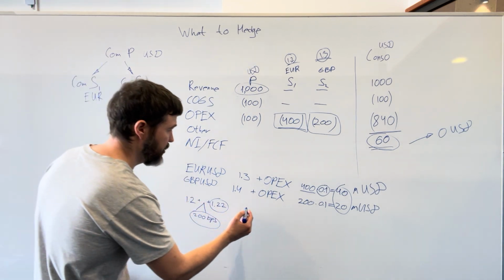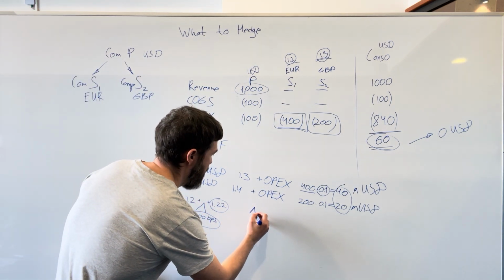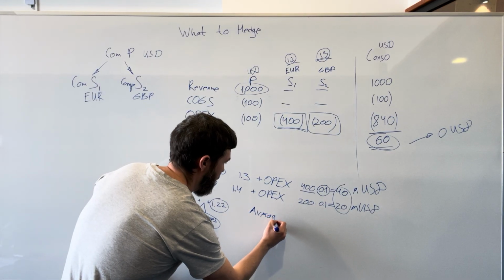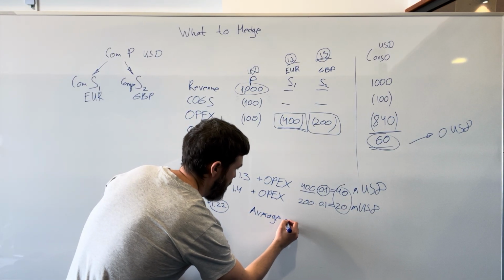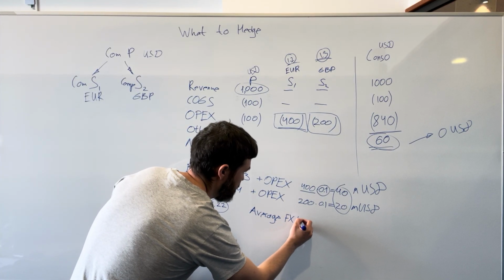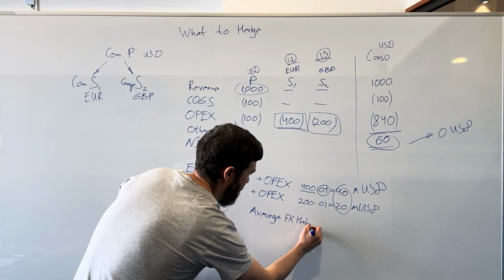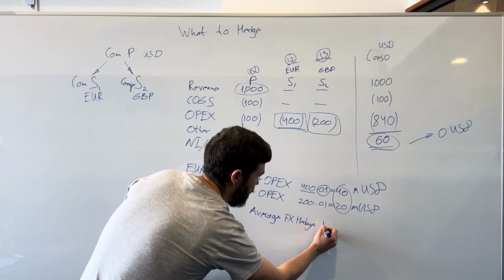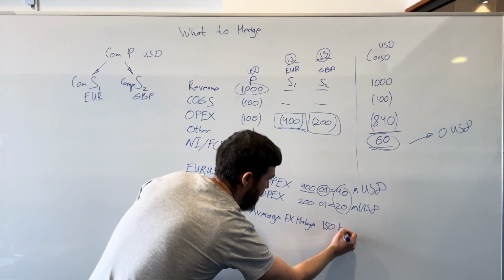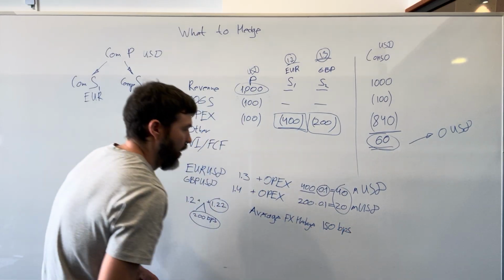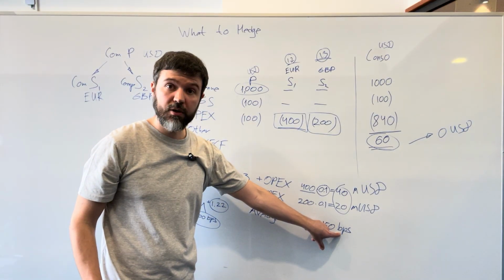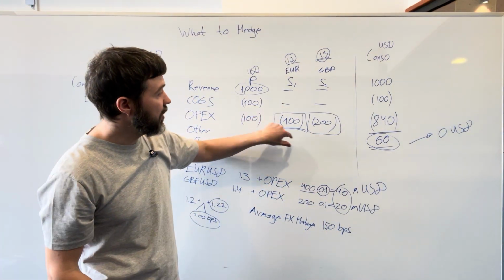So on average, you will pay a fixed hedge cost of 150 basis points, or $6 million, to hedge 400 million euros.